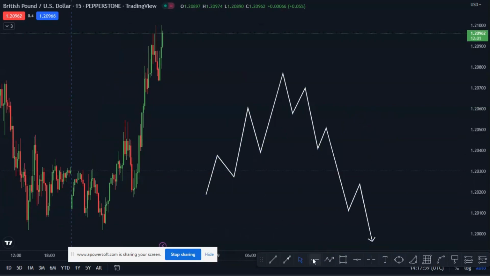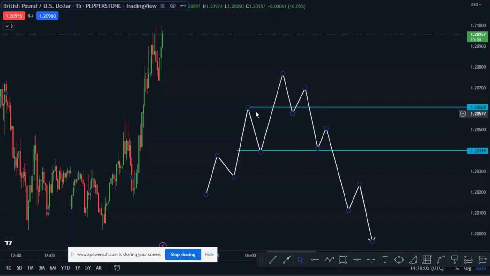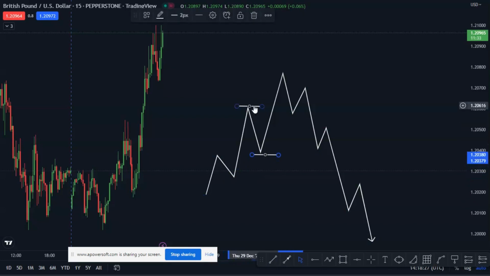Now you need to determine whether this is a pullback, or whether the stage where you are is a continuation. By a continuation, I mean this point here and then this point here.